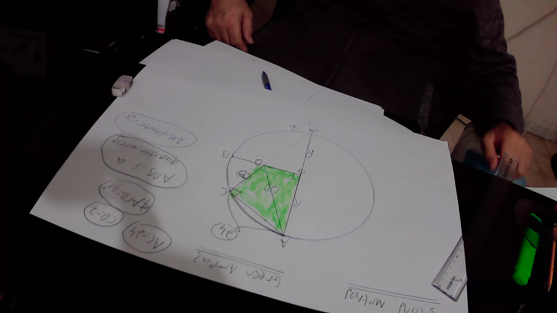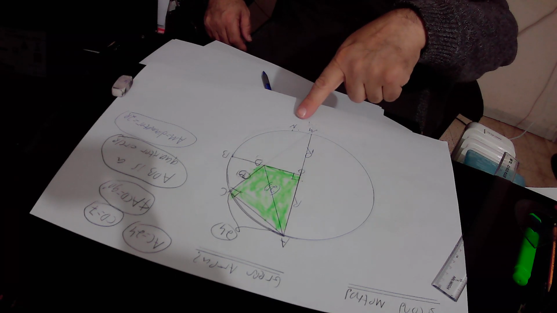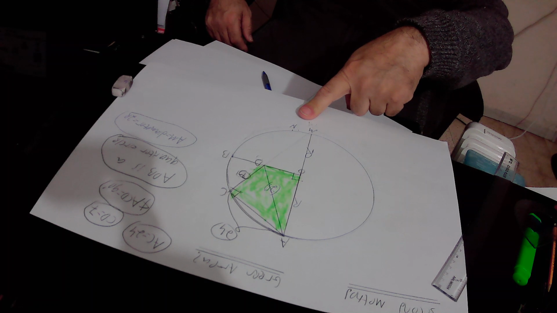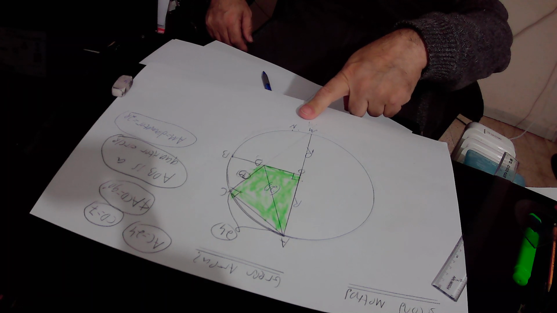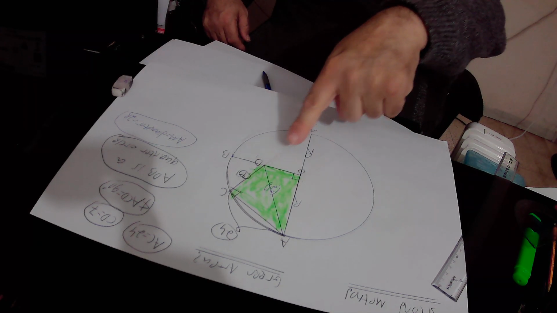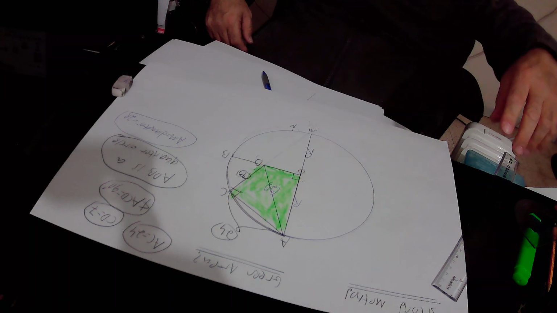Therefore, our assumption that the extended side CD will touch the circle at point N is not correct, and we conclude that the extended side CD must touch the circle at point M and not in any other point.